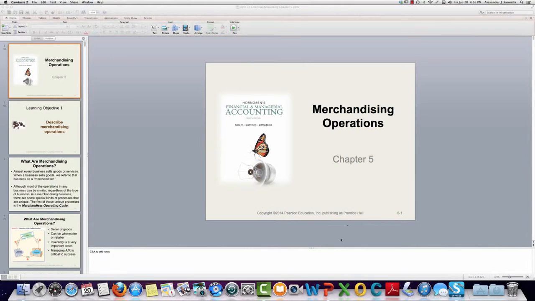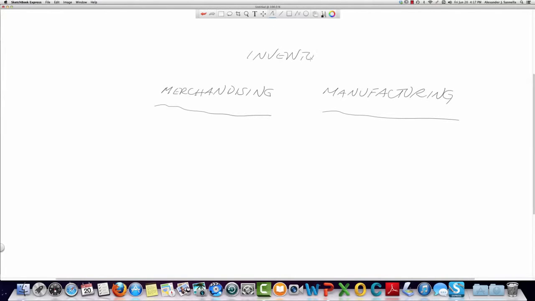Now, on the whiteboard, what I wanted to differentiate, and the last point we want to make, is a merchandising company versus manufacturing. You usually have one type of inventory here.